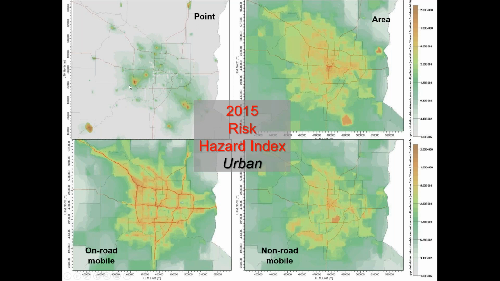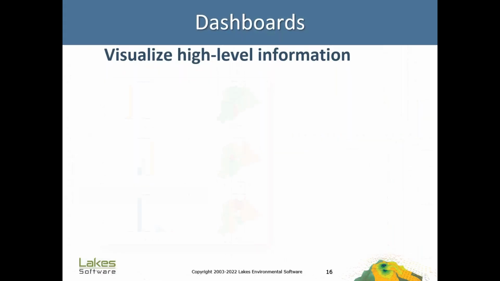We can segregate, and then we show that the vehicles were causing way more human health risks from air toxics than from the point sources. So they presented this to the US EPA, and the US EPA changed the approach. They are now focusing a lot on on-road mobile.